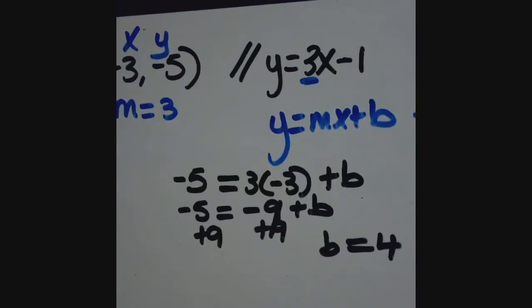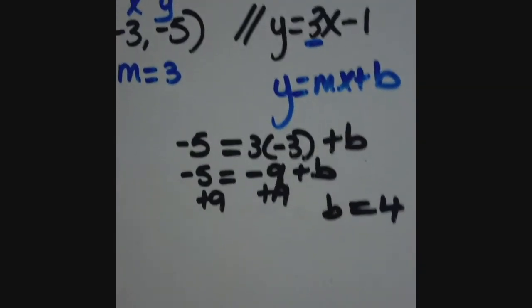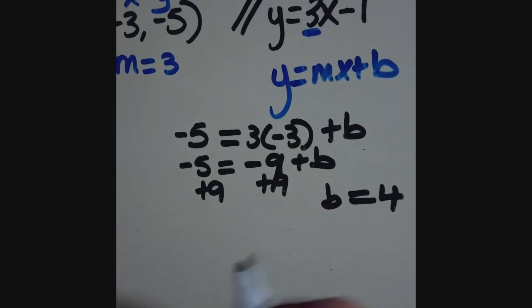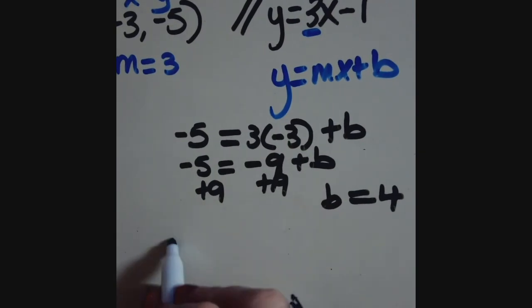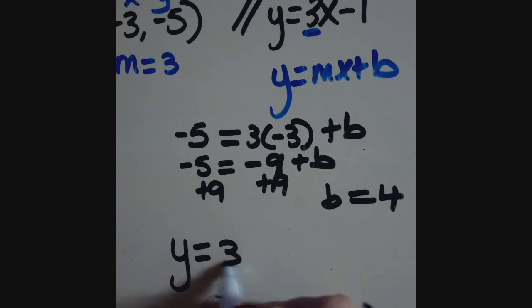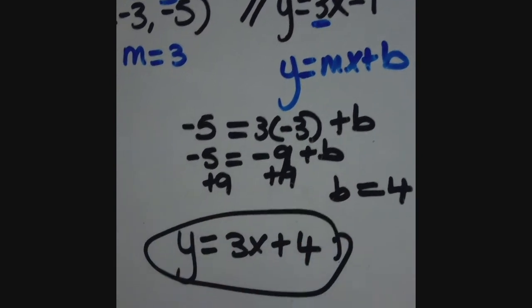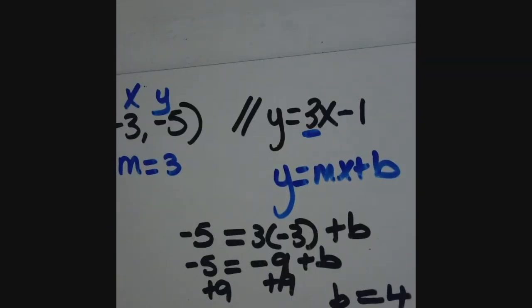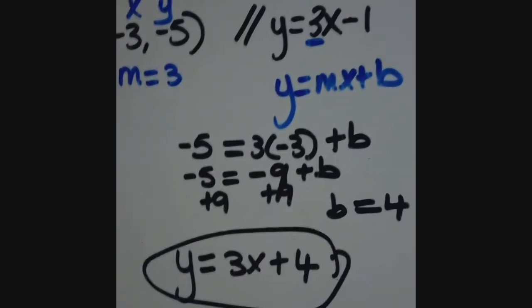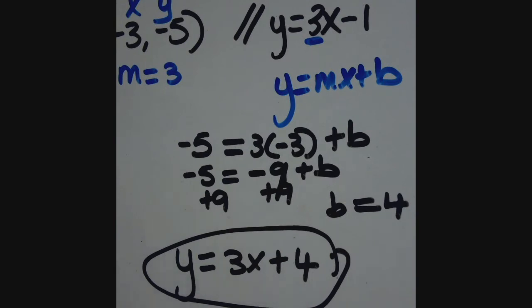So now I have the two pieces. I know the slope is 3 and I know the y-intercept is 4. So I write back a correct equation, and that's it. So that's going to be a parallel line to y = 3x - 1. See how we have the same slope, but we have a different y-intercept.